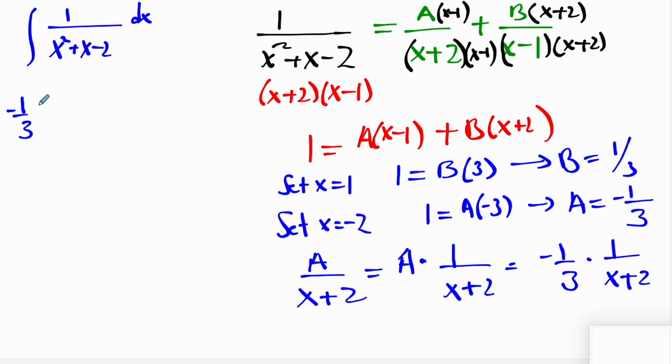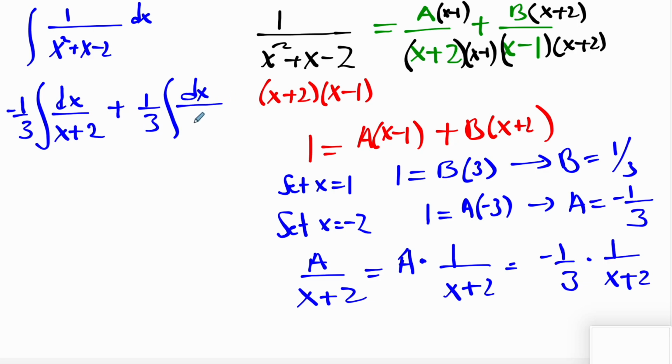So this will be negative 1/3 times dx over x plus 2. And then B times, what is B? Positive 1/3 times dx over x minus 1. Okay, let's check if we placed it correctly. A is negative 1/3, yes, and B is positive 1/3.